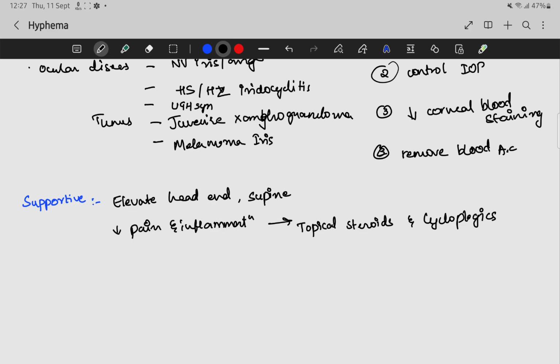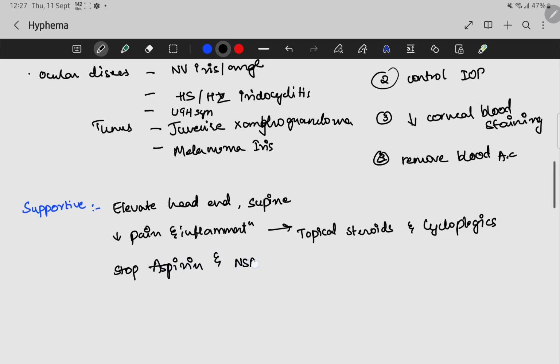Then if the patient is using any drugs which reduce clotting, we have to stop those, like aspirin and NSAIDs, right?